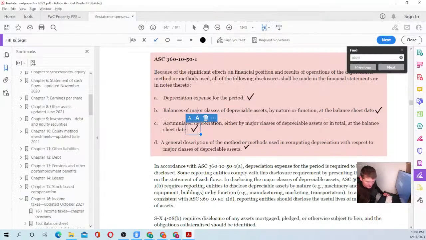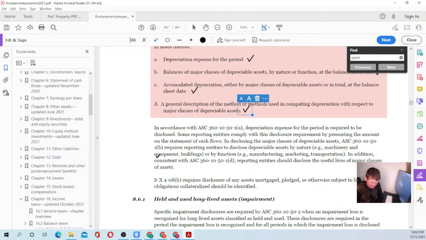So Apple did great here too. As you can see, disclosure requirements. You can also note that there is a requirement to present any assets mortgaged, pledged, or otherwise subject to lien, and that is not an ASC requirement. That is a Securities and Exchange Commission requirement.